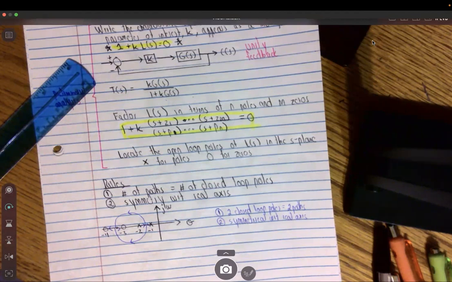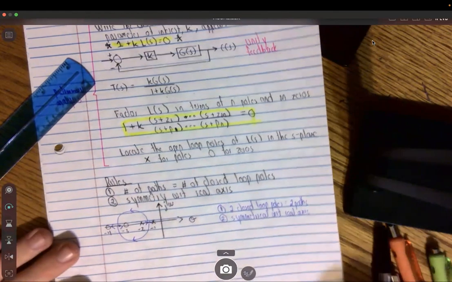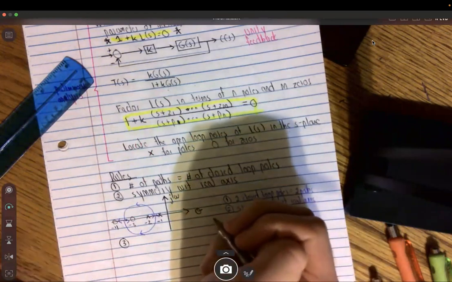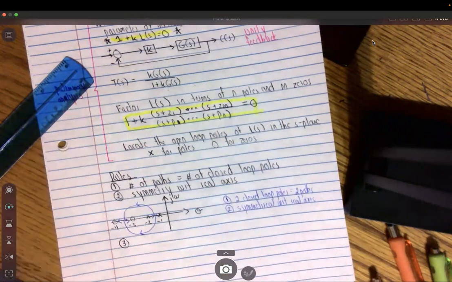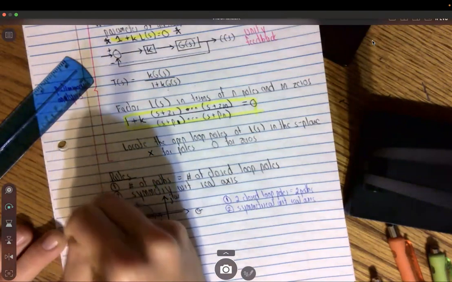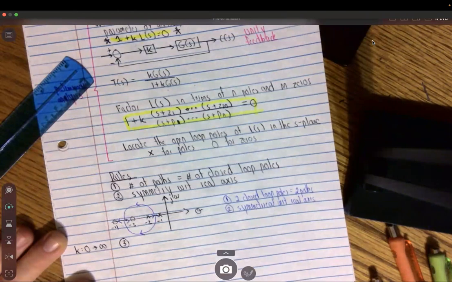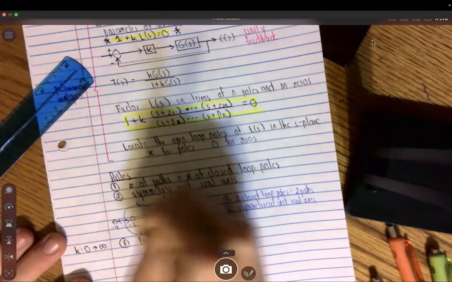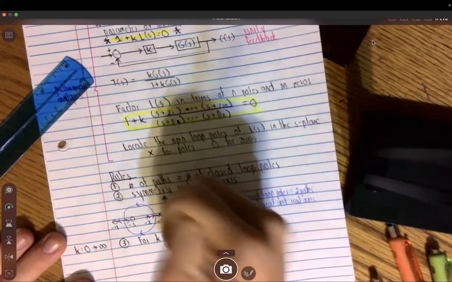Now that we have that, our third rule is that basically, when we're working with the root locus, we're dealing with k as it goes from 0 to infinity. So that's what we work with, k from 0 to infinity. So when we say rule number 3, it's going to be for k greater than 0, which is what we're interested in.